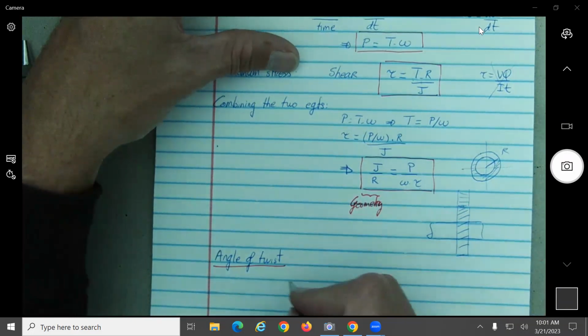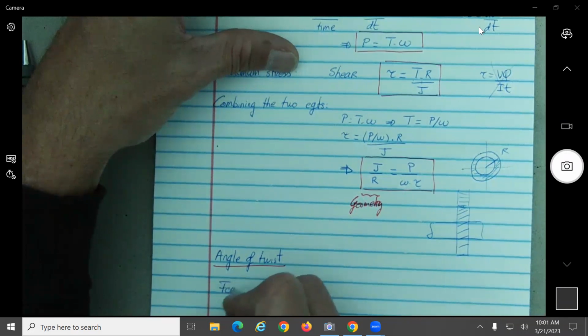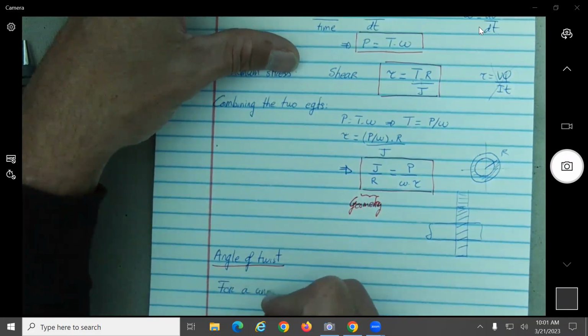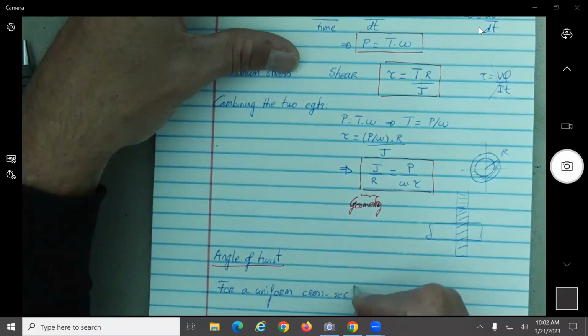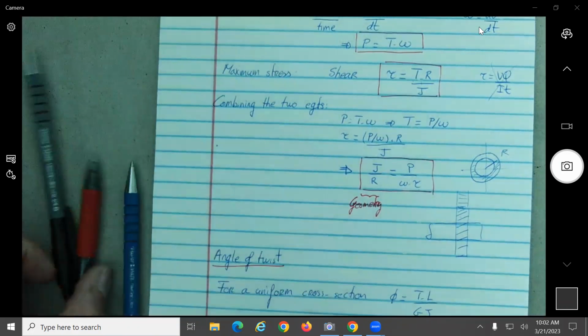So, for a uniform cross section, I think I gave you the equation. Yes, you have the angle of twist equal to TL over GJ.